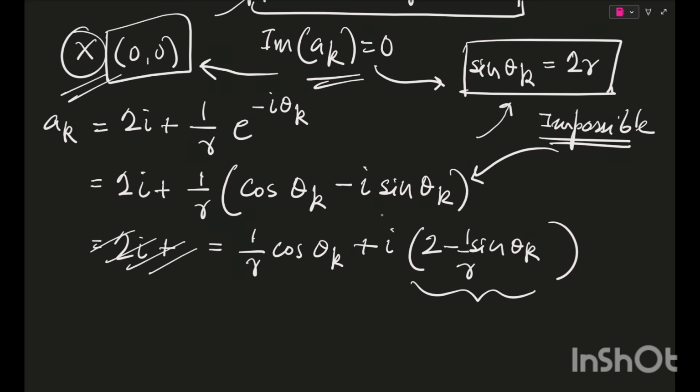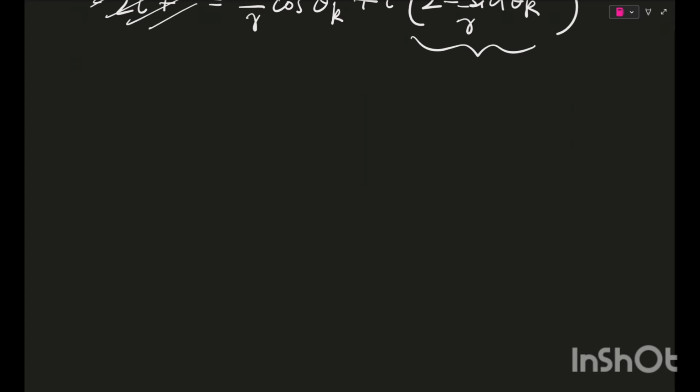To correct this, we will allow the circle to be centered at some random complex number. So we will take a complex number z. This is not z_k. This is new. This is z, which is equal to 1/(a − 2i).